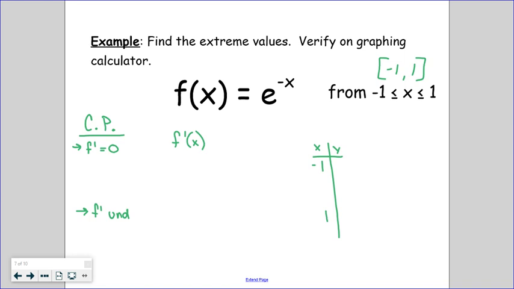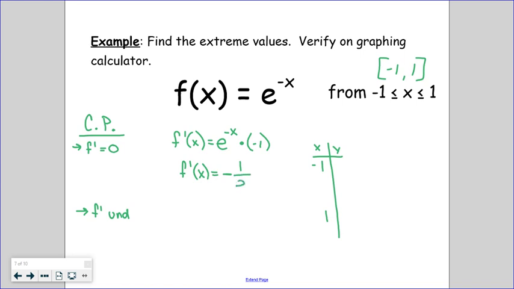So exponential derivative e to the negative x is going to be e to the negative x times the derivative of the exponent. And the derivative of negative x is negative 1, right? Now, I'm going to clean this up and put that negative out front, but I'm also going to drop this e to the x down to the bottom of my fraction.